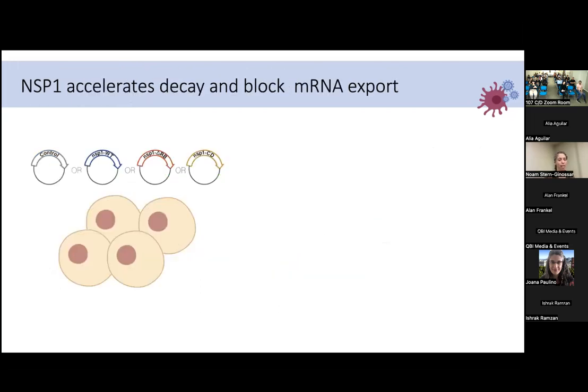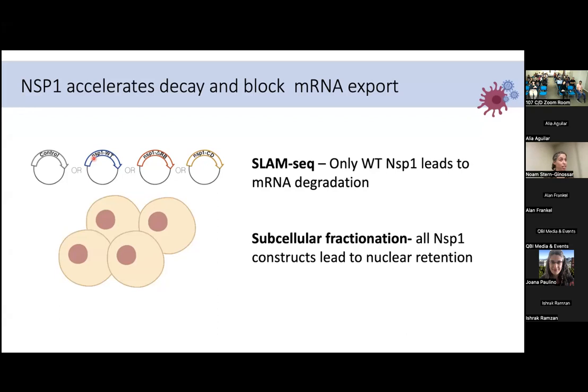And then we wanted to see the effects on RNA degradation and nuclear export. I'm not going to show you the results, but basically what we've done, we took these constructs, transfected them into cells, and did SLAM-seq, and we could show that only NSP1, the wild-type one, caused RNA degradation, so this really fits the reporter results. And then we repeated the subcellular fractionation, and we could show that actually the wild-type and the two mutants, all of them can block nuclear mRNA export.